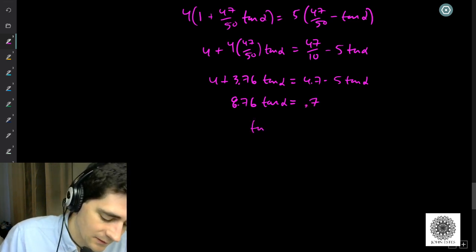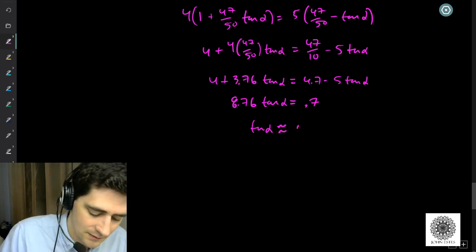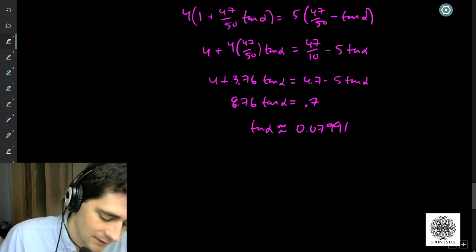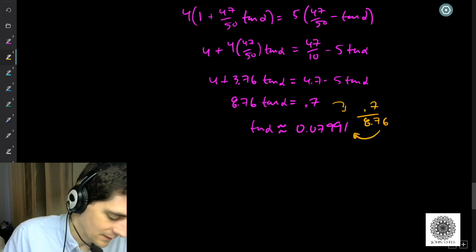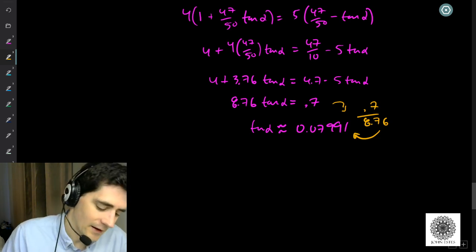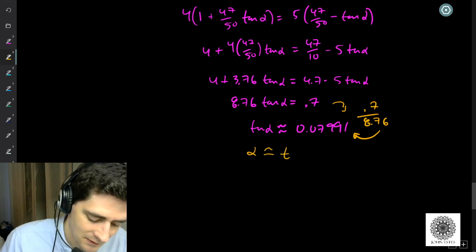So tangent alpha is approximately 0.07991. How did I get that? I said 0.7 divided by 8.76. And so my alpha value, which is what I'm looking for, is approximately tan inverse of that number.